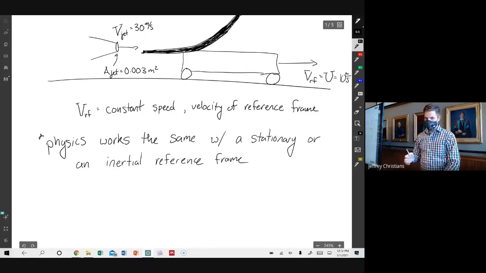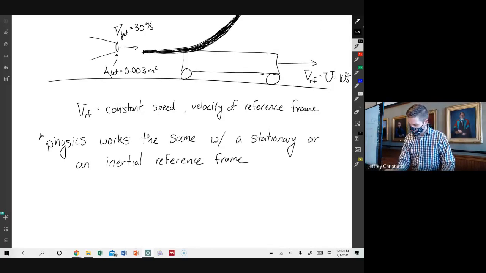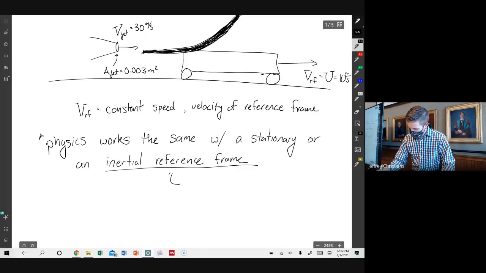You understand what I mean by an inertial reference frame: it means not accelerating.